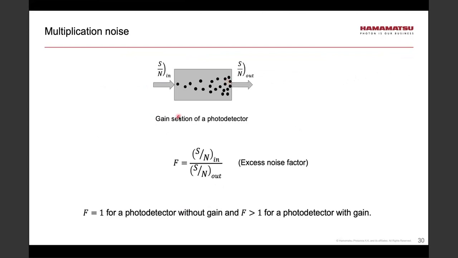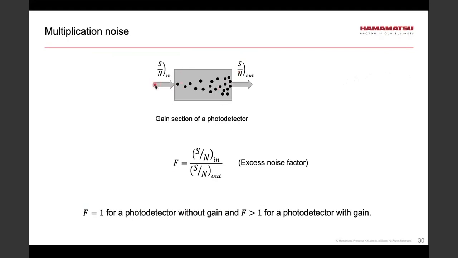This is a noise that all photodetectors that have intrinsic gain are going to contribute. So suppose I have a part of a photodetector where gain arises. At this point, it doesn't matter what it is. What I have here is some input, maybe some electrons or holes get injected into this region.